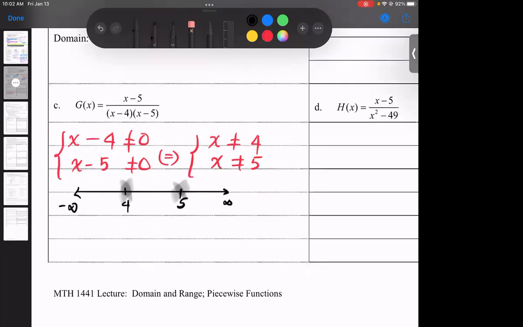So what's my interval here? If you eyeball that, here to here, here to here. So from negative infinity to 4, we use a parenthesis because 4 is not included. Union all the numbers between 4 and 5. Union 5 to infinity.